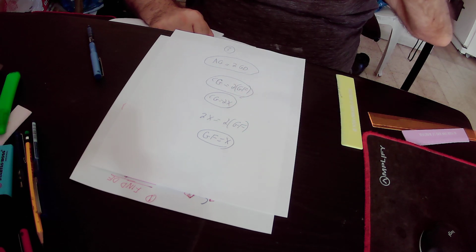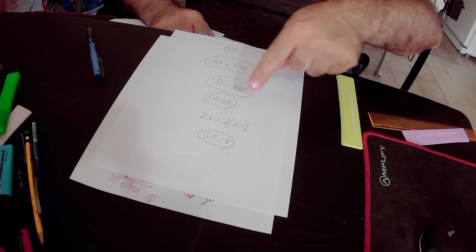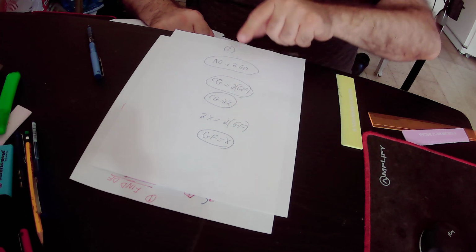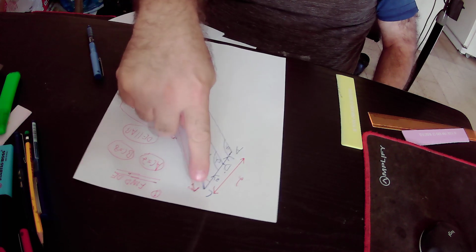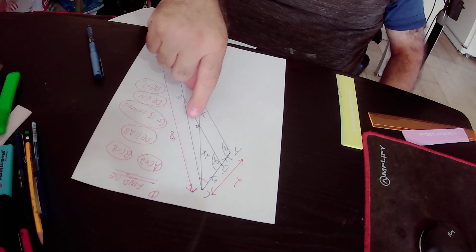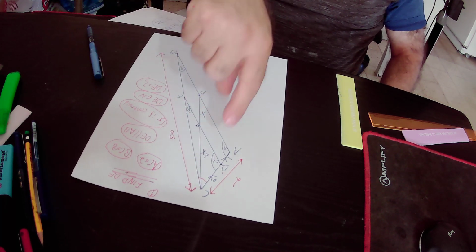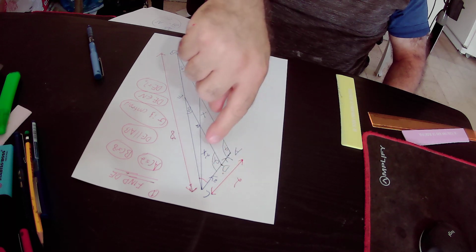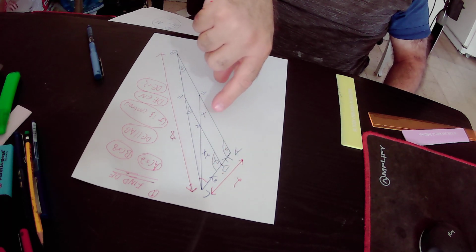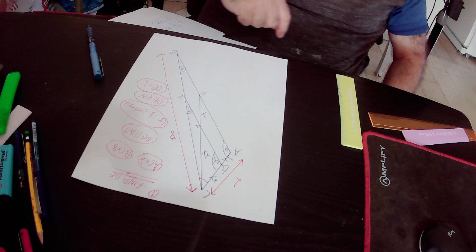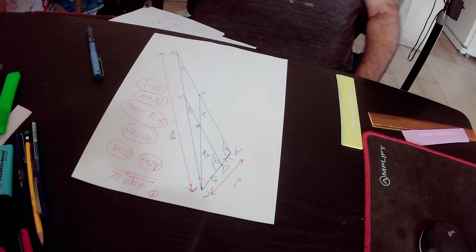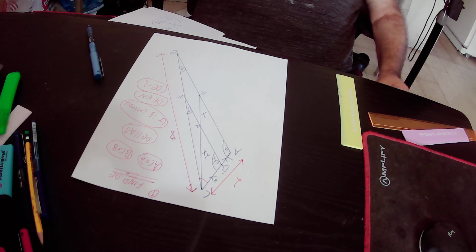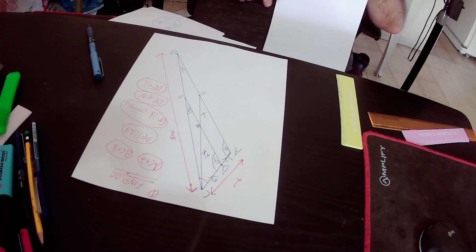So we found out that if CG equals 2x, then GF equals x. Again, if CG equals 2x, then GF will be equal to x. Okay?